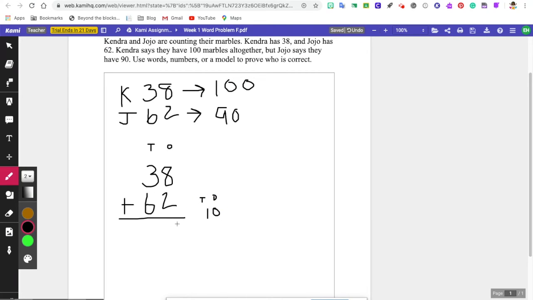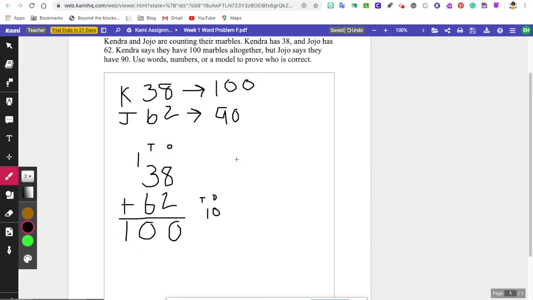My 0 goes in my ones place, and I have to carry my 1 to my tens place. You have 6 plus 3 is 9, plus this 1 gives me 10. Remember that is 10 tens, and 10 tens equals 100. So 0 in the tens place, and the 1 right next to it.